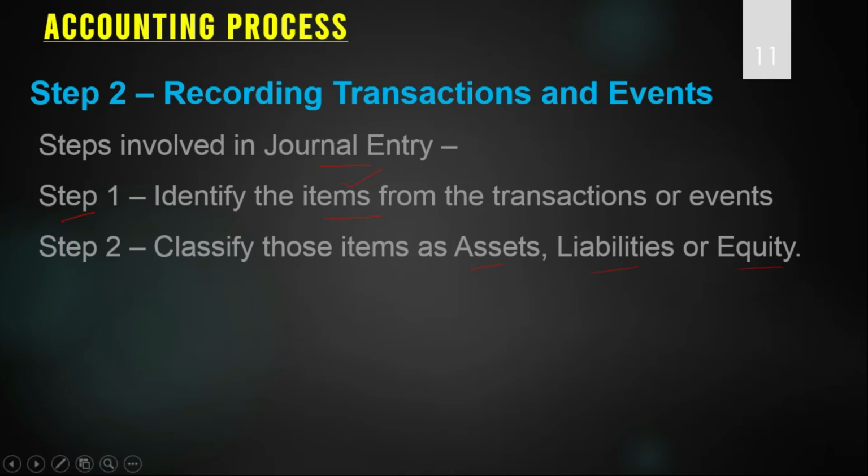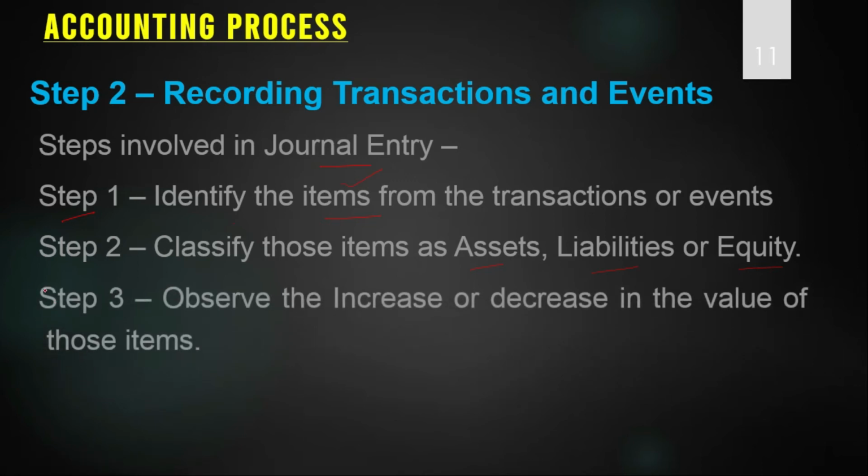So in this way, every item that you have identified at step 1, you should classify at step 2 as assets, liability, or equity. Now once you have classified at step 2, come to step 3. You must observe the increase or decrease in that item. Every item, as I told you in the previous slide, either may increase or may decrease, or both items may increase or both items may decrease.